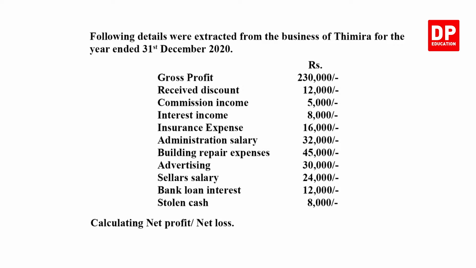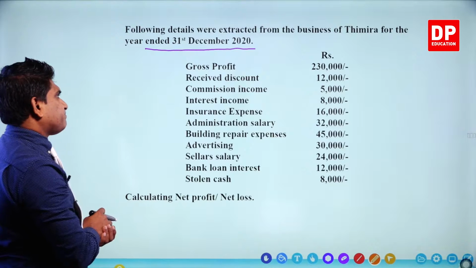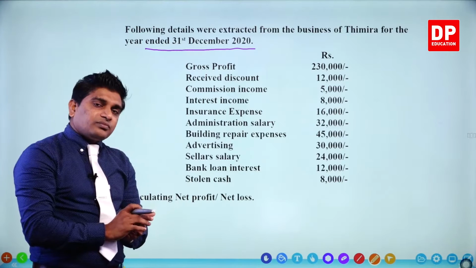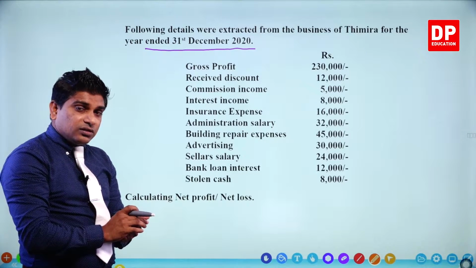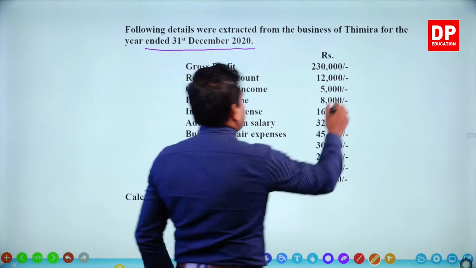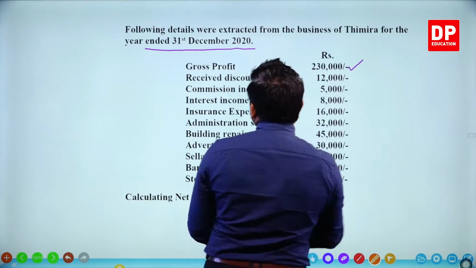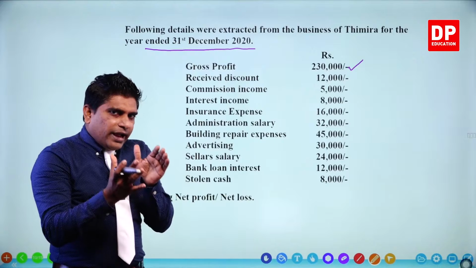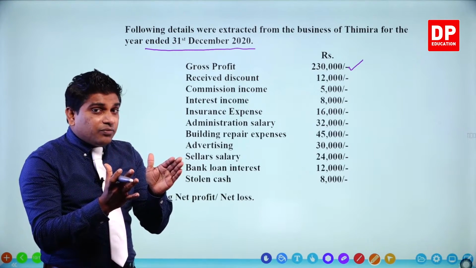Now, the other activity. The following details were extracted from the business of Timira for the year ended 31st December 2020. Okay. They have given directly what? Gross profit. Right? Gross profit is given as 230,000. After the gross profit, if they have given other income, we have to write it.